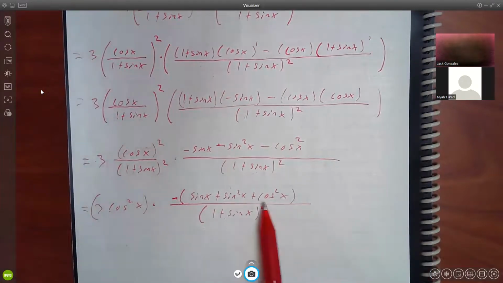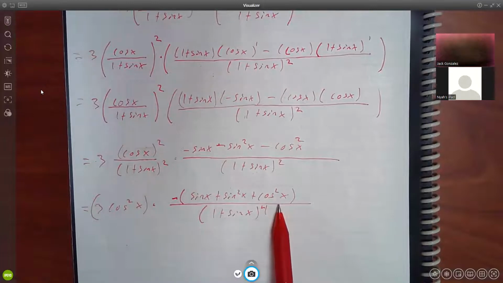This is sine squared plus cosine squared.